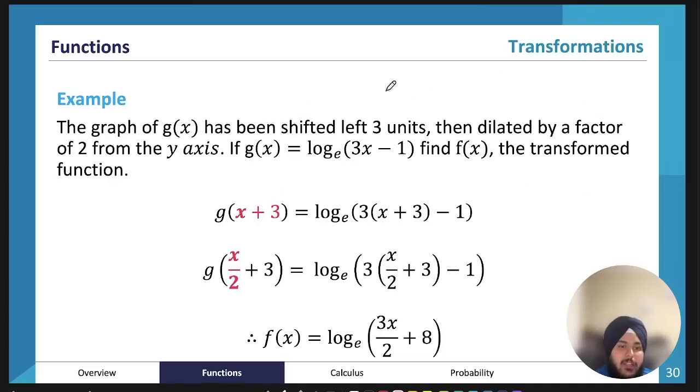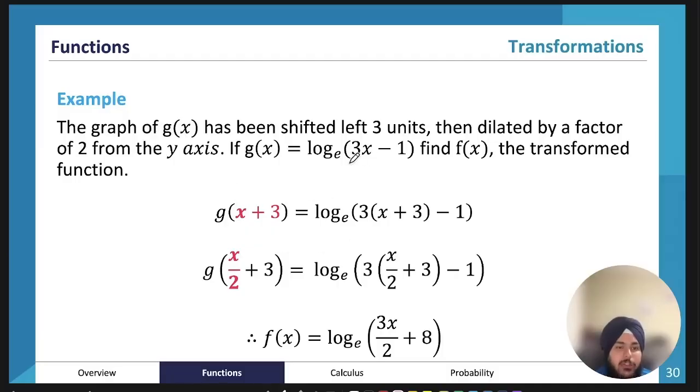Okay, so in this case, we have the horizontal translation first of left 3 units. Then dilated by a factor of 2 from the y-axis. So a dilation next. So if g of x is equal to log e of 3x minus 1, find f of x, the transformed function.